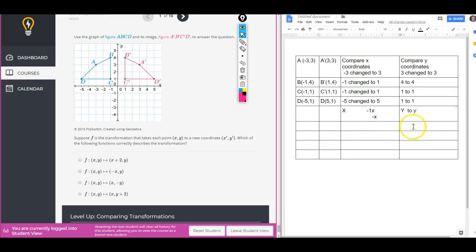So on our new function, we could represent this as negative x, comma y. That's what happened to end up with a positive 3 from a negative 3. So we're looking for our original x and y coordinate being mapped to a negative x value and the same y coordinate. Hope that helps.